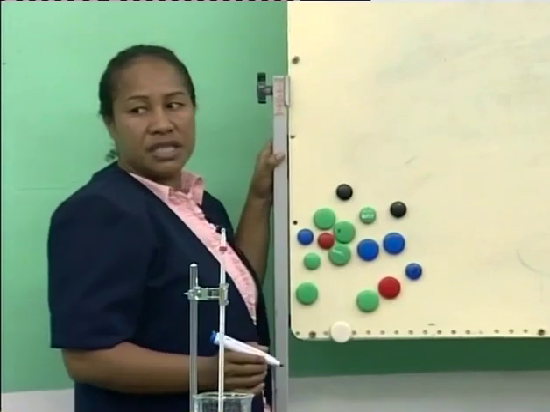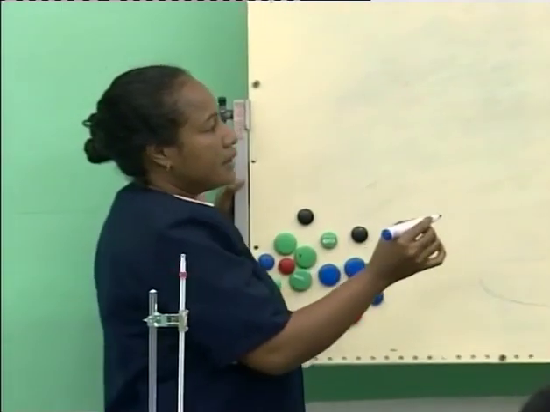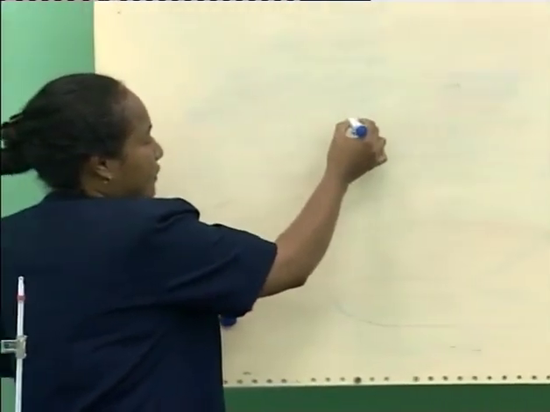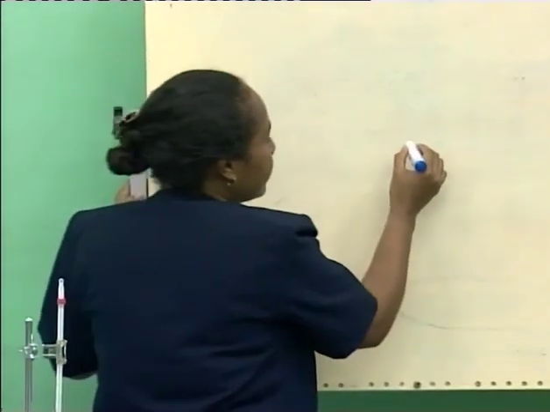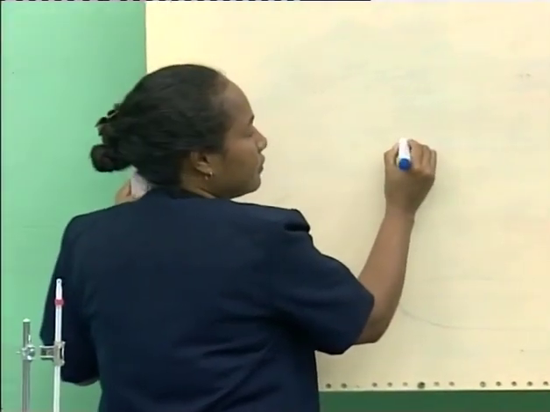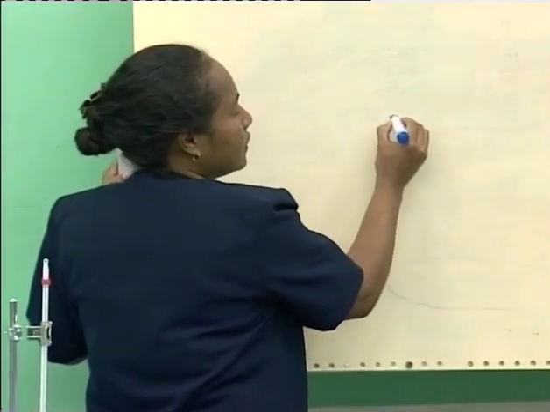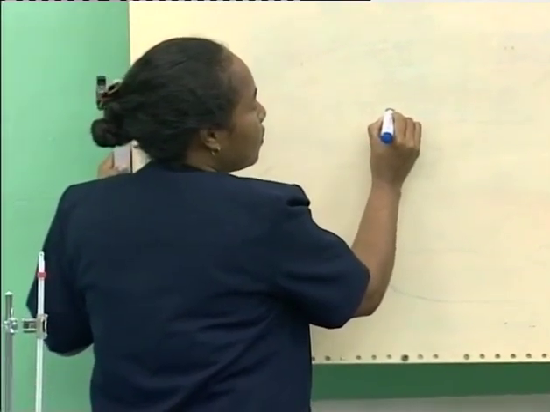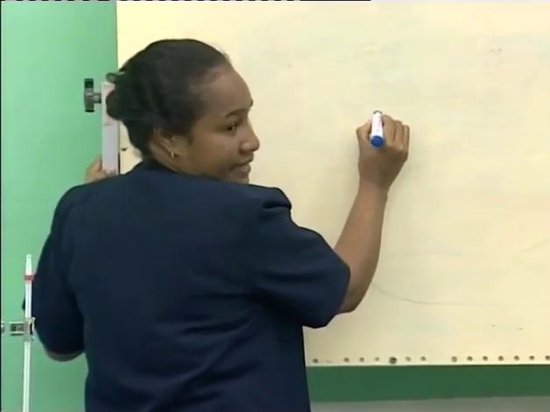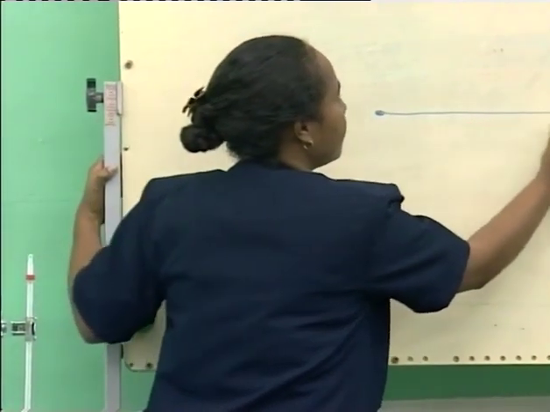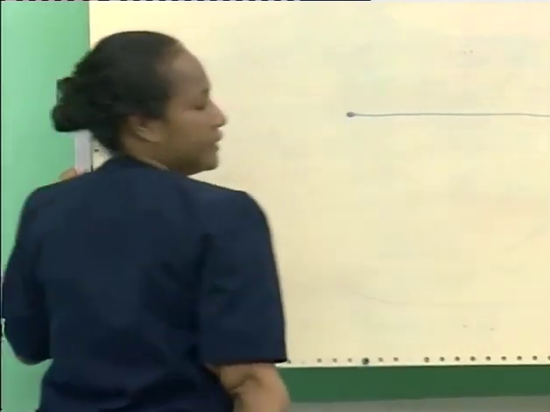Now let's imagine that we have ice. You just draw a line. Let's start from here with this dot. If you think that temperature won't change when we are heating ice, then you draw your line like this.